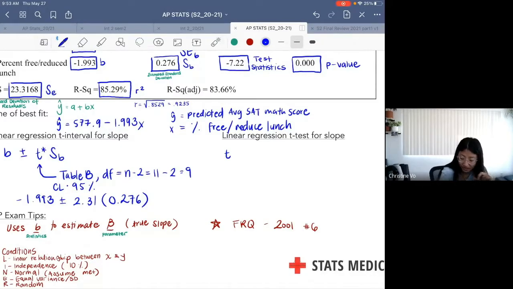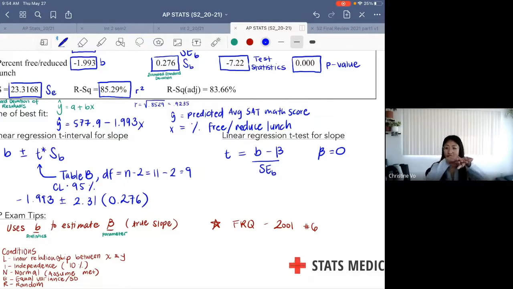So it starts off with t equals, and then we have our slope minus our beta, divided by the standard error of b. And then typically our beta here is always going to equal 0. So we always want to claim that there is no relationship, and 0 represents that the slope is flat.